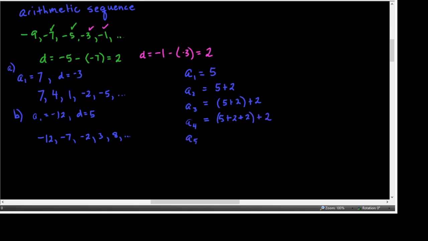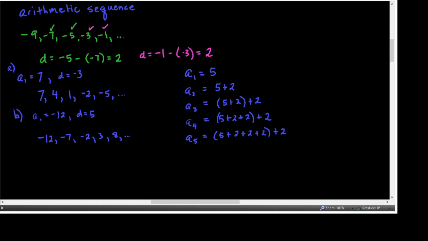And the fifth one I get by taking the last answer. How many 2's does that last answer have? 3 of them. Plus the new 2 to get the next one. And my question here is, and this would be true for any of them, if I picked a different one to look at, this same process would have worked.